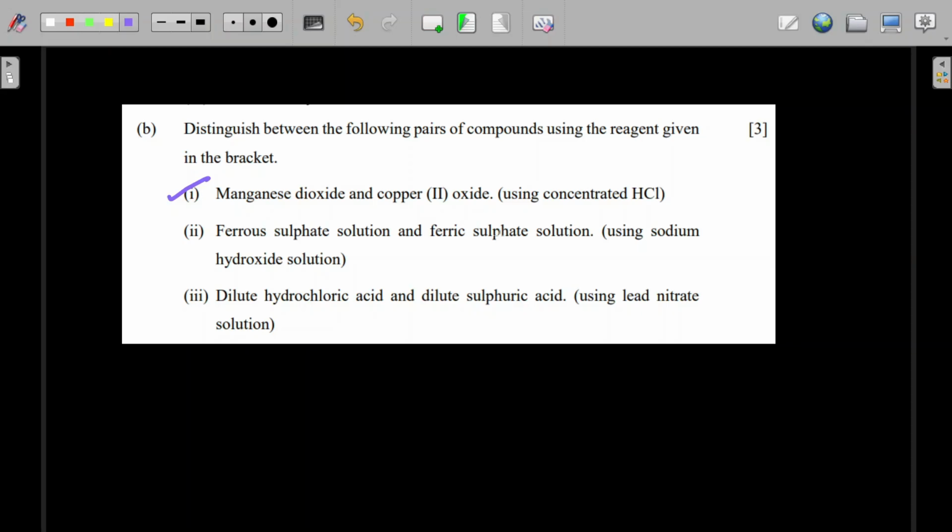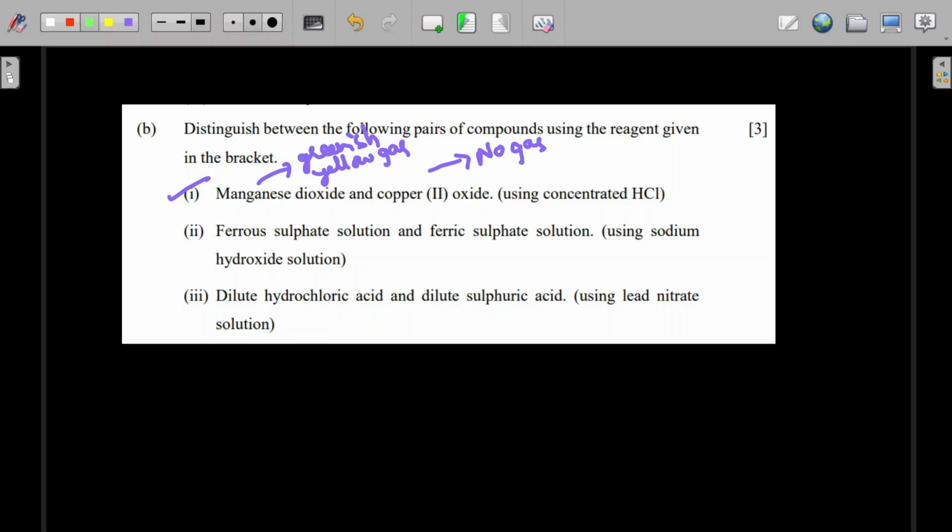Yes, Vanishika. Manganese dioxide, we have to use concentrated HCl to produce a greenish gas. Very good. And copper oxide doesn't produce any gas. Just now we have seen previously that manganese dioxide is an oxidizing agent.